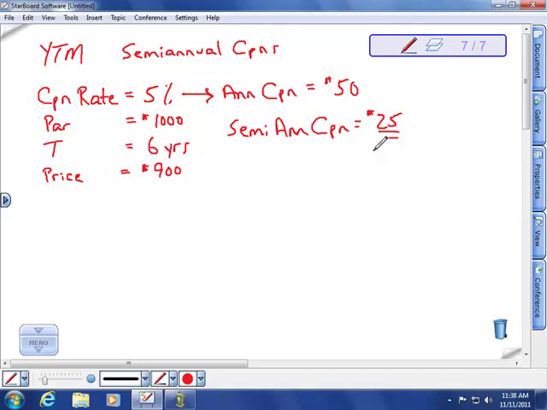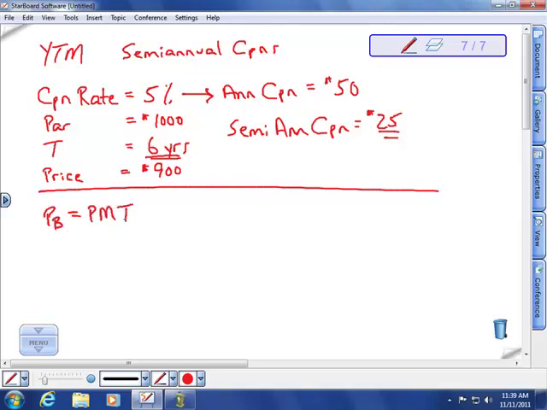So we need to make a few more adjustments. Well, one more adjustment here, and that is this term to maturity. The term to maturity is 6 years, but in our bond valuation formula, we're taking the present value of these coupons here, and these coupons are paid out every 6 months. So what will our N be here for our present value of an annuity formula? 12.